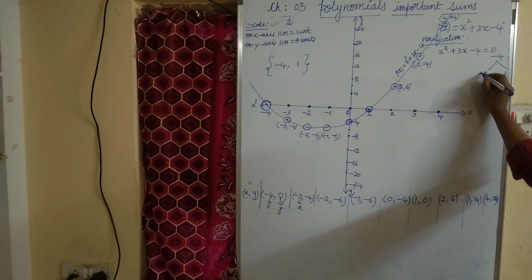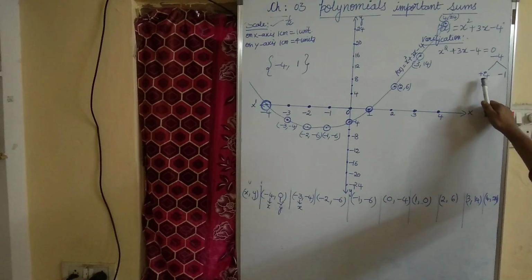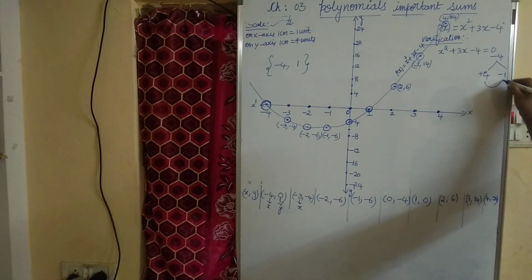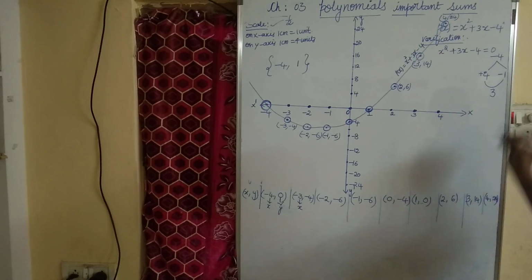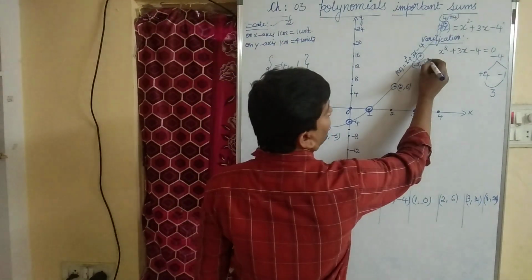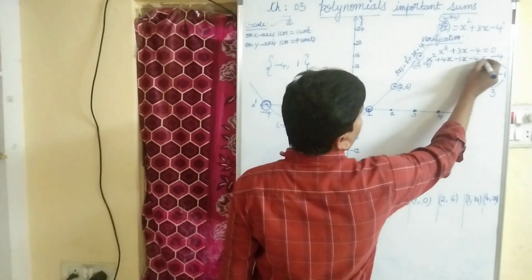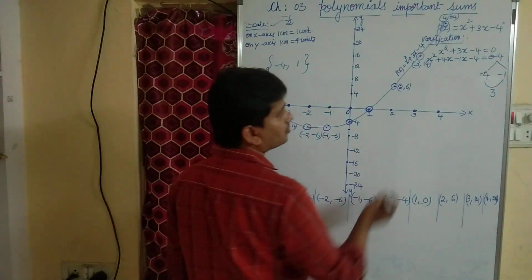So what I will do, I can take this as plus 4 and this as minus 1. If I multiply plus into minus, I get -4, 4 times 1 is 4. If I add 4 and -1, I will get 3. So the factors are 4 and -1. So x square plus 4x minus 1x minus 4 equal to 0.